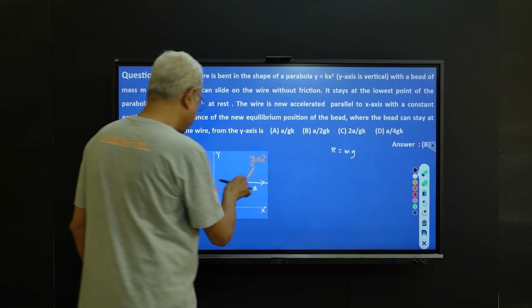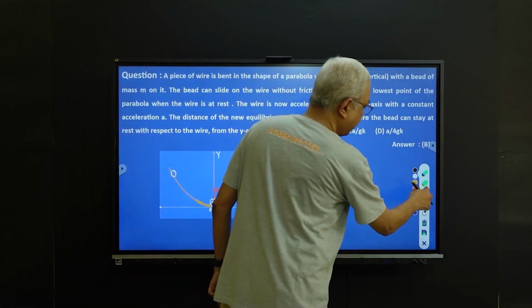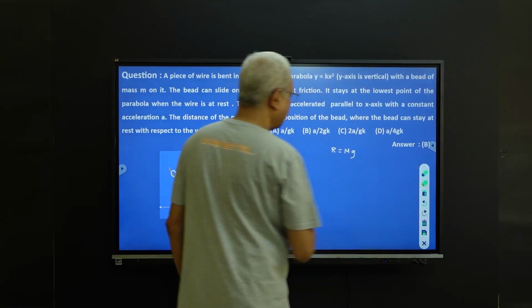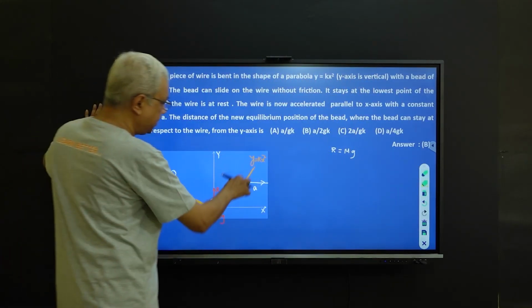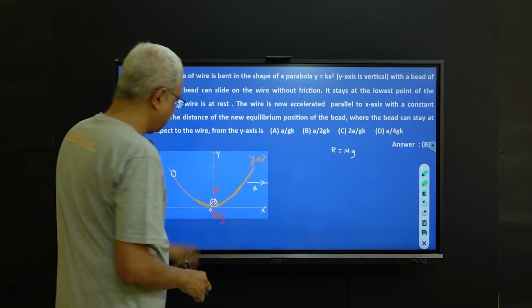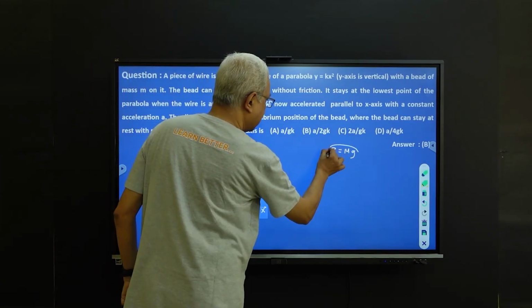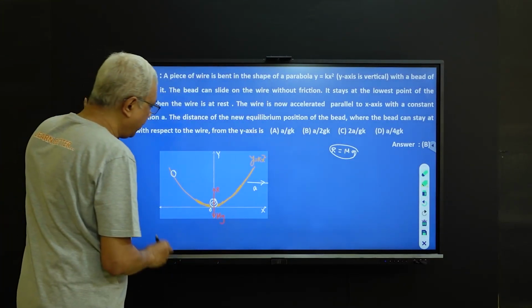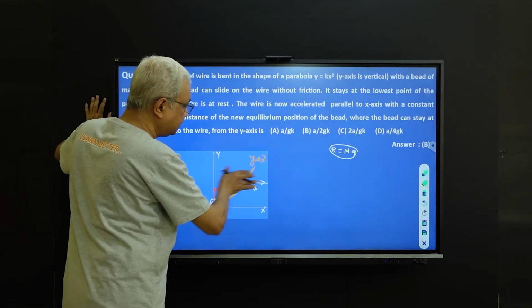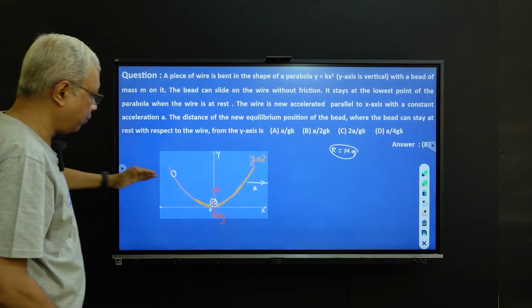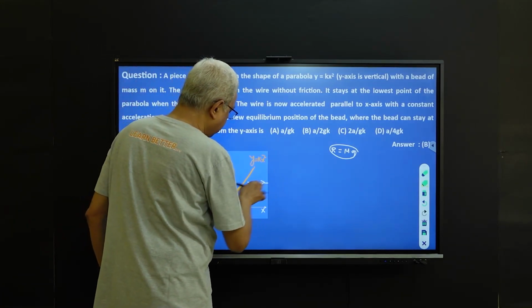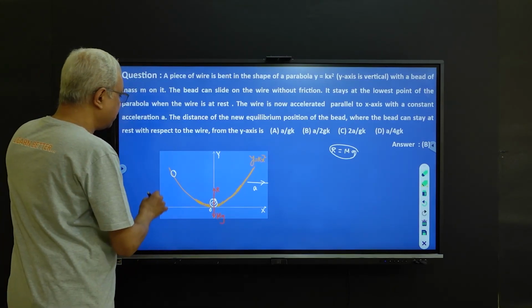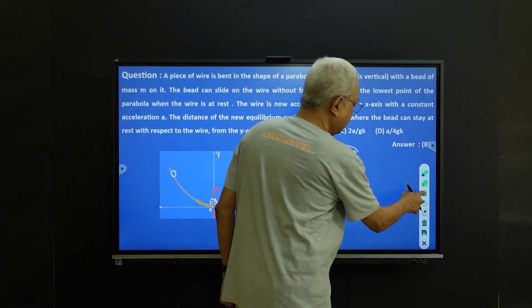When the wire is at rest, this equation is satisfied and the bead is at the lowest point. Now, when it is moving along the positive x-axis with an acceleration a, what is the position of the new point of equilibrium?